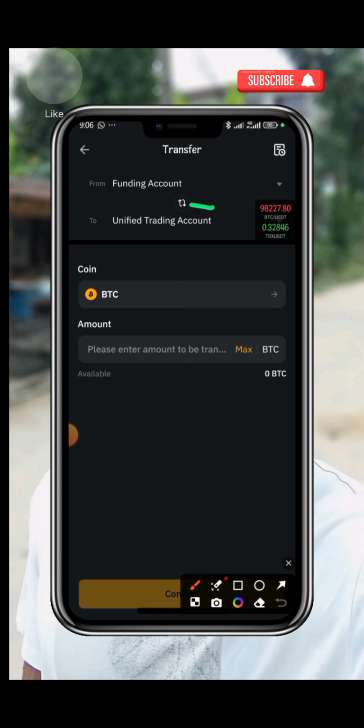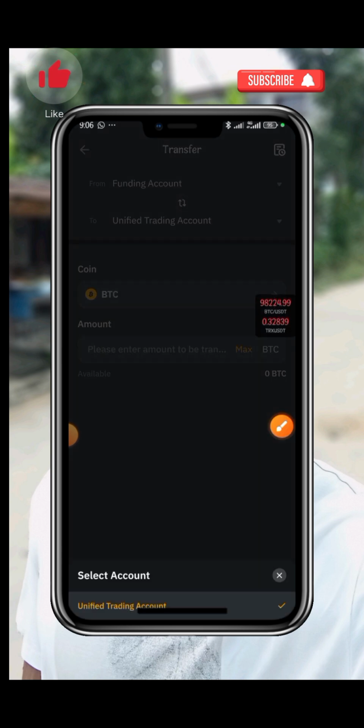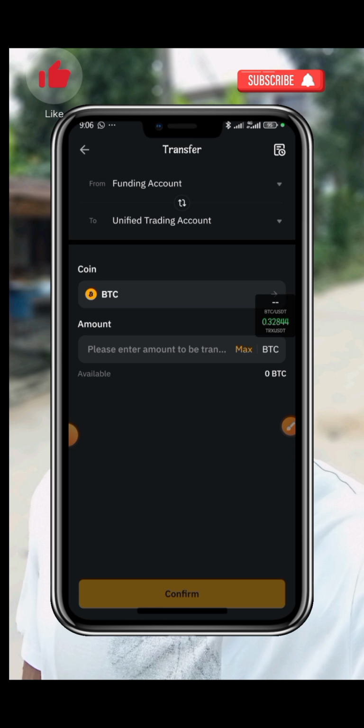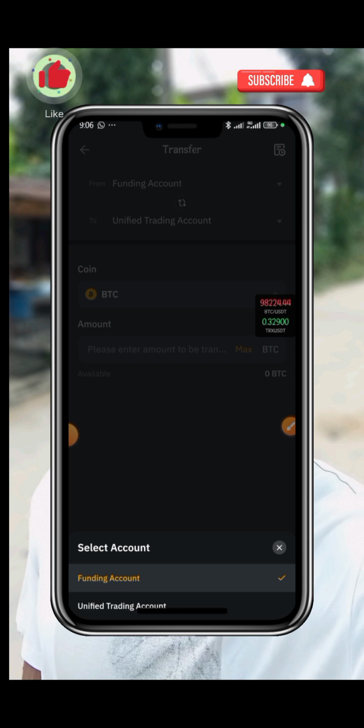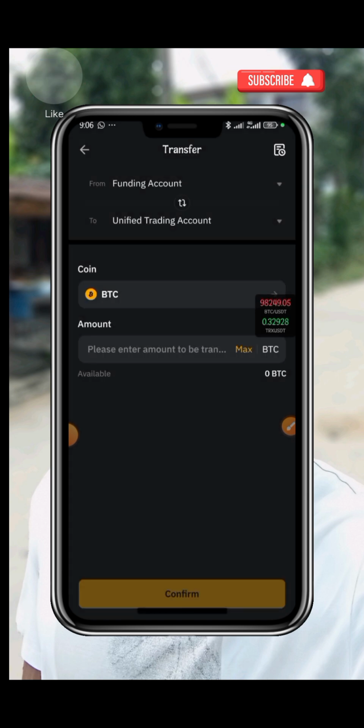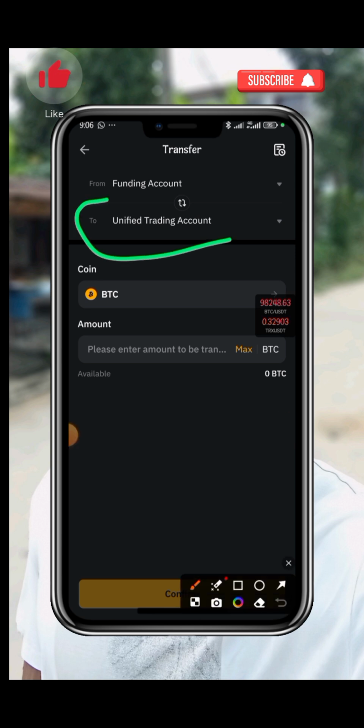There is also unified trading, and you will discover that you can transfer from your funding to your unified trading. This is particularly for Bybit because there are no other options except your funding account and your unified trading. Your unified trading refers to both your spot account and your futures account. So this is a multi-purpose wallet.